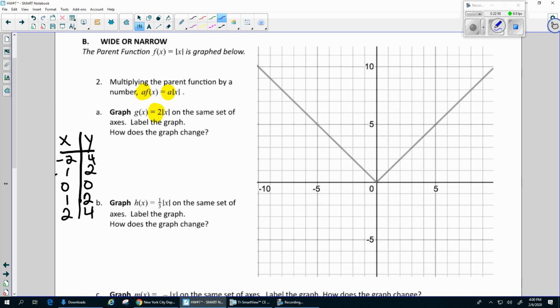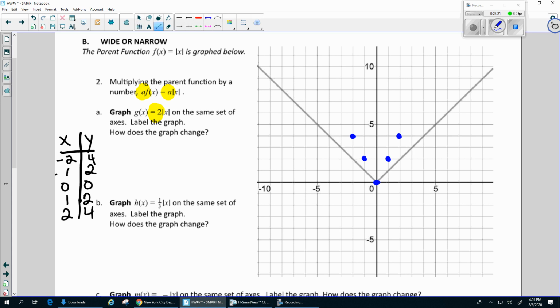And I'm going to choose blue to graph the function g of x is equal to 2 absolute value of x. So I'm going to start at 0, 0, and then I'm going to go to negative 1, 2, and 1, 2, negative 2, 4, and positive 2, 4.